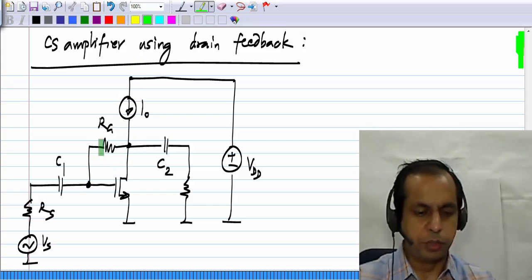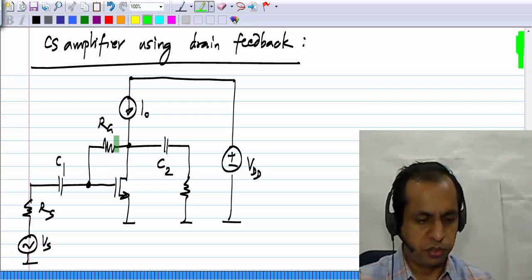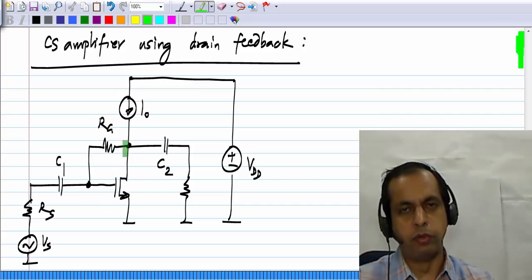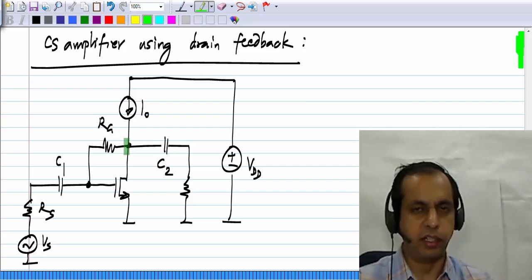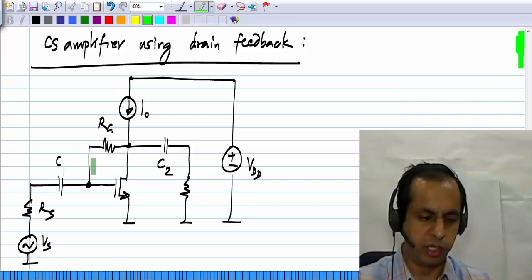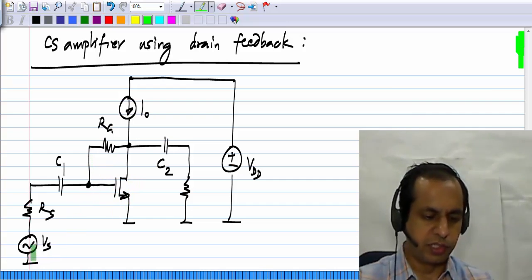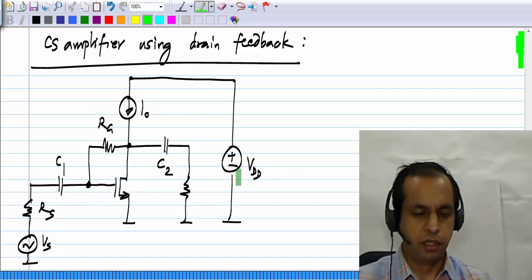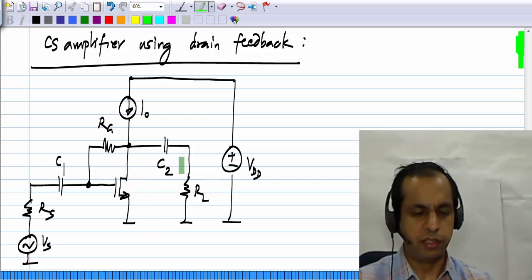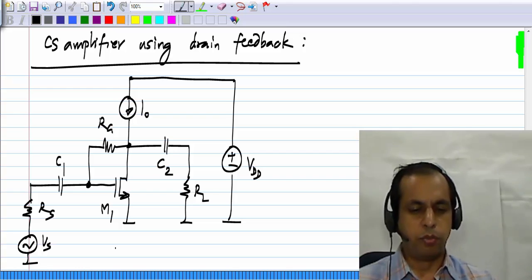The feedback to the gate is provided through RG, and that's okay because no DC flows into the gate, so there will be no DC voltage drop across RG. Earlier, when we were coming up with the biasing arrangement, we had connected the drain directly to the gate. Now we connect it through RG, but it makes no difference at all because no DC flows through the gate. The signal source is connected to the gate source via C1. The load resistance RL is connected to the drain source via C2. So this is the topology.